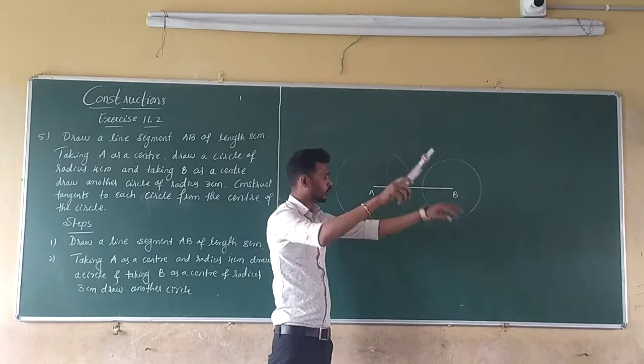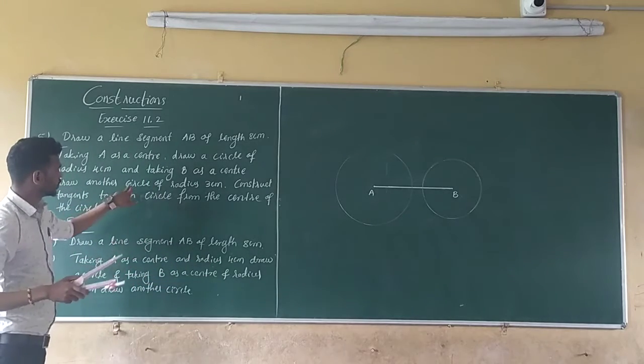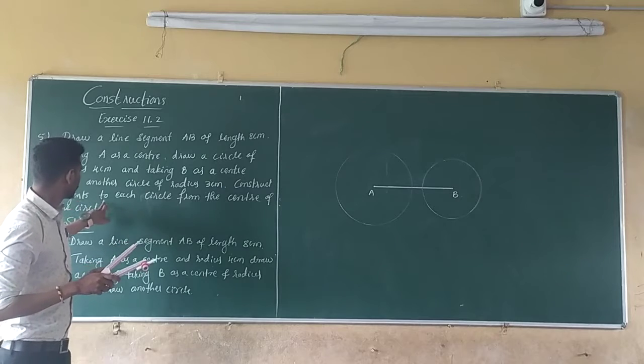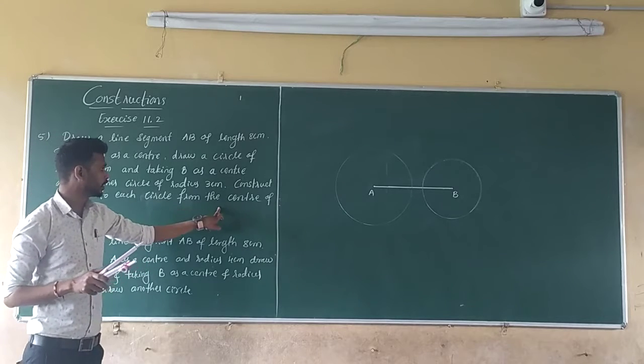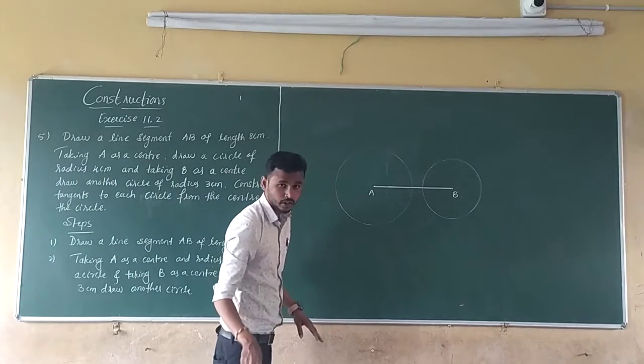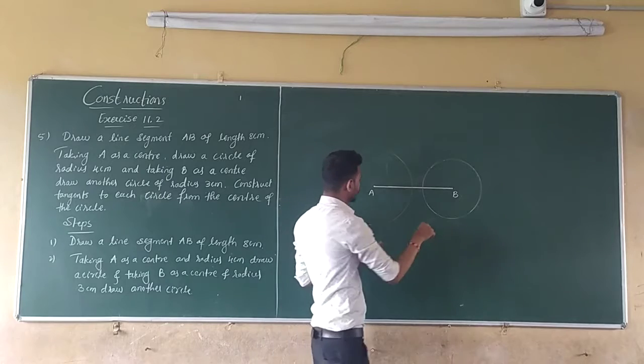So next, what we need to do? Now, they said construct tangents to each circle from the center of the circle. That means you need to construct what?